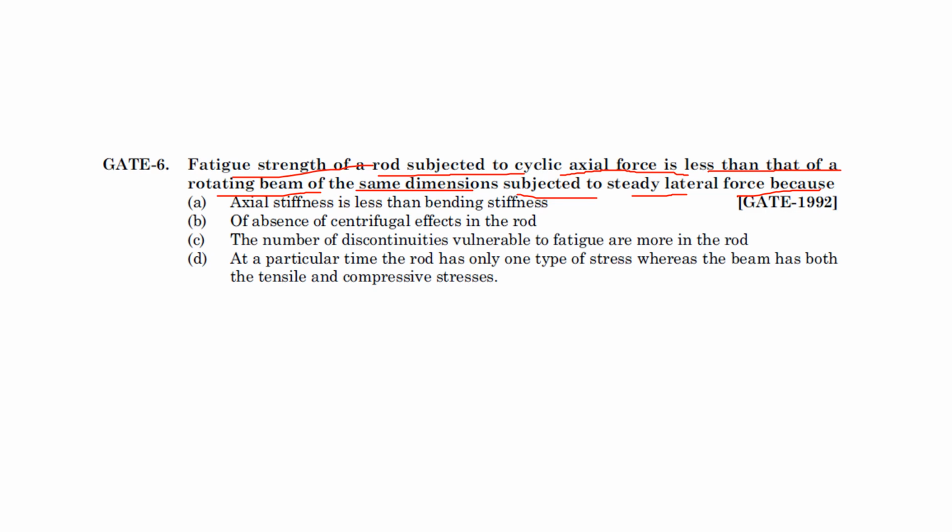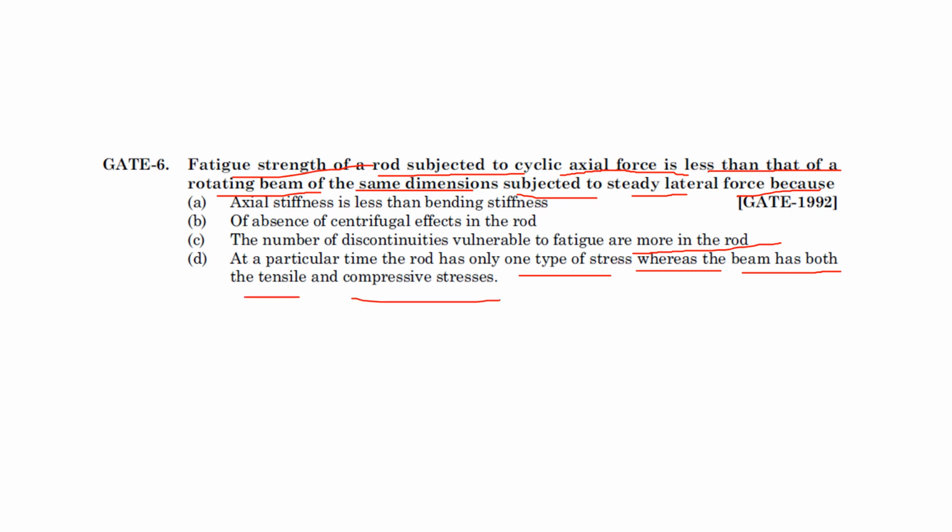Axial stiffness is less than bending stiffness; absence of centrifugal effect in the rod; the number of discontinuities vulnerable to fatigue are more in the rod. What is the D option? At a particular time, the rod has only one type of stress whereas the beam has both tensile and compressive stress.